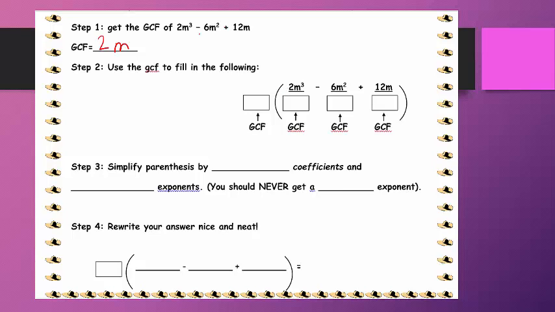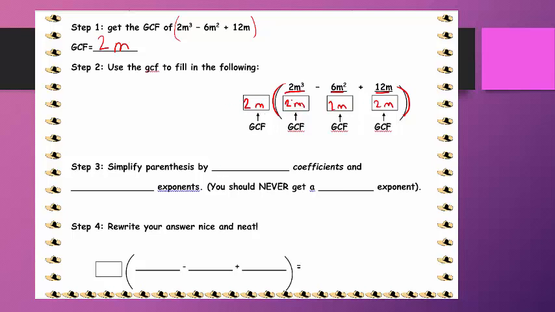What you do then is take this polynomial and put it in parentheses. So you have to create your own parentheses. Your GCF will go outside the parentheses, but you also need to put it underneath each item in the parentheses. So you need to put 2m here, 2m here, and 2m here.